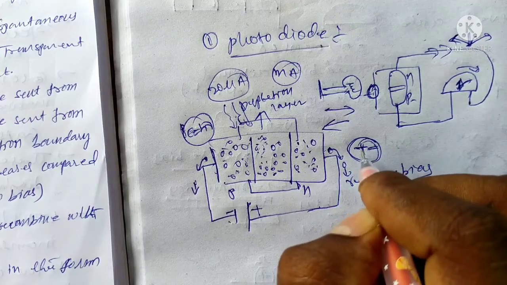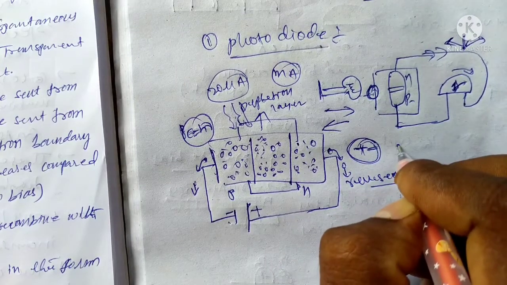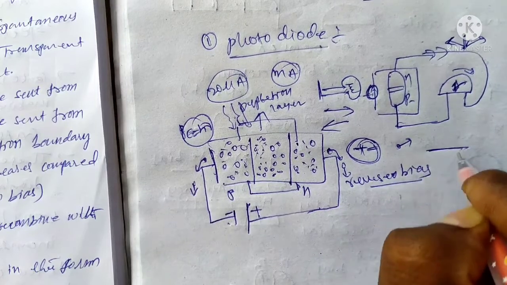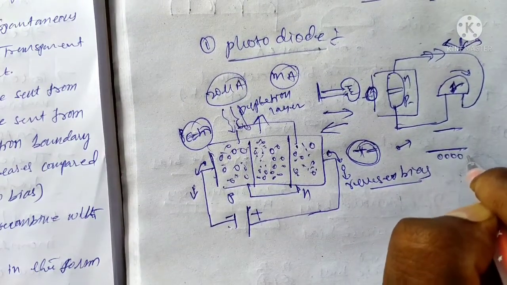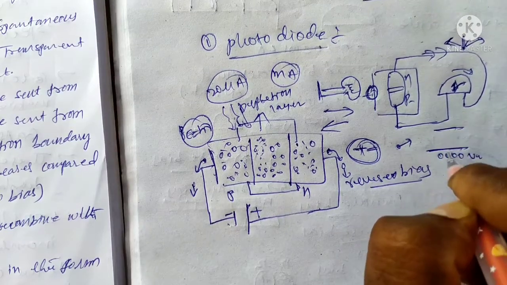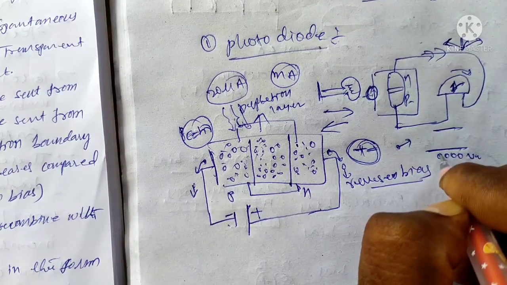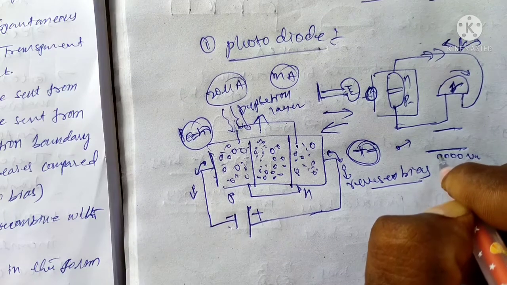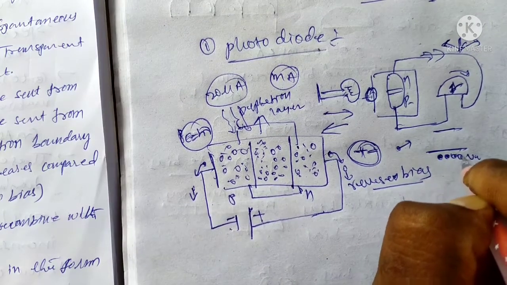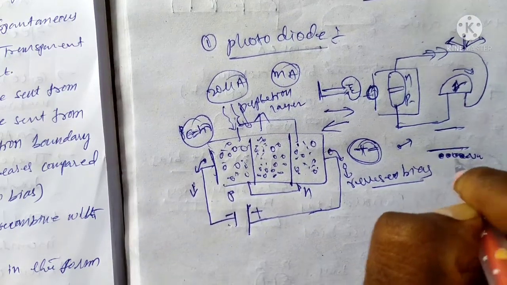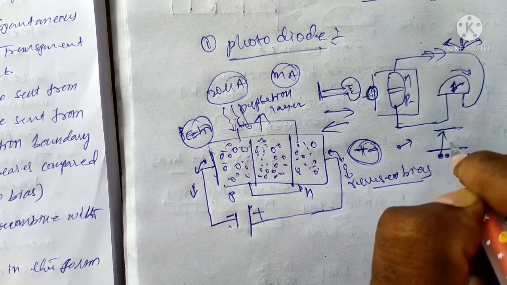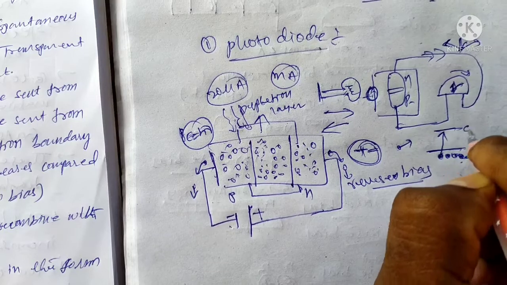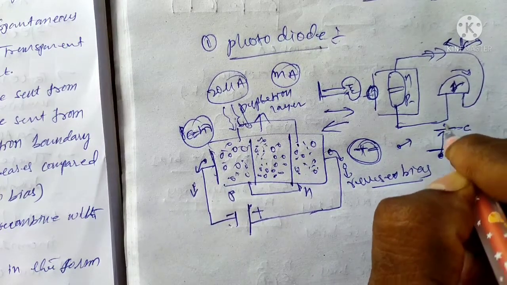What is electron-hole pair generation? Suppose this is the valence band and this is the conduction band. When electrons are present in the valence band, they can jump from the valence band to the conduction band. Vacancies then appear in the valence band.